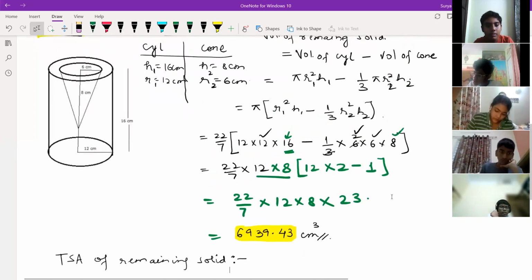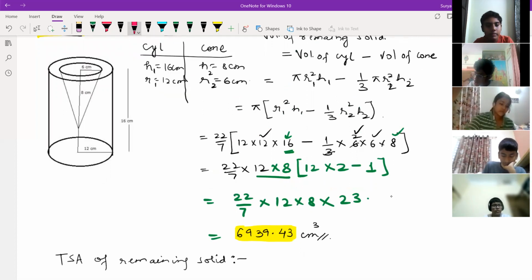What is the answer, Pulastya, for this? The total surface area of cylinder minus the surface area of the circle of the hole plus the CSA of cone. See what I'm saying, that means the same thing you are thinking or not, just tell me.